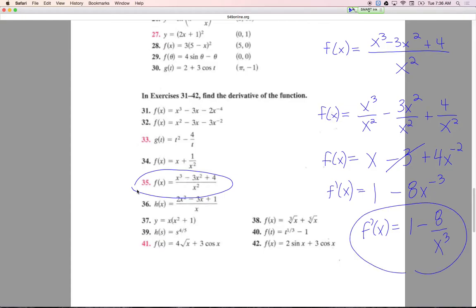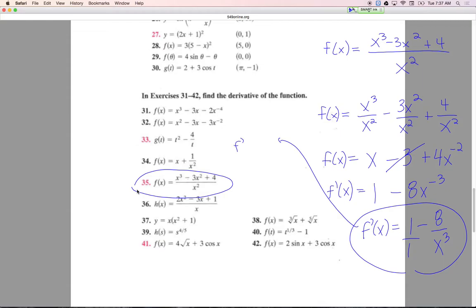Now, I said there was another answer. There is another answer you can have. And I do want to warn you that on the AP exam, sometimes they do this just to be a jerk. What they'll do is they'll find a common denominator just to hide the answer from you. What's the common denominator? You could say, okay, this is 1 over 1, and then find a common denominator.